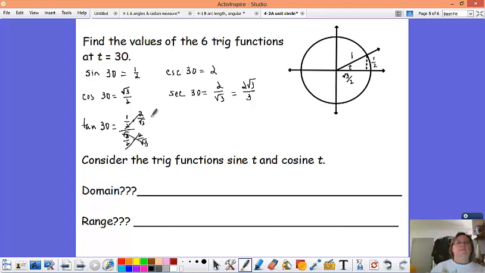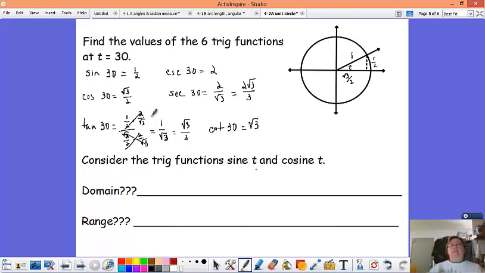Bottom cancels, and we're looking at 1 over root 3, which, you know, by simplifying is going to become root 3 over 3. The cotangent of 30, well, I'm going to go back to the easy one and say it's the reciprocal of that function, or that fraction, makes it just the square root of 3.